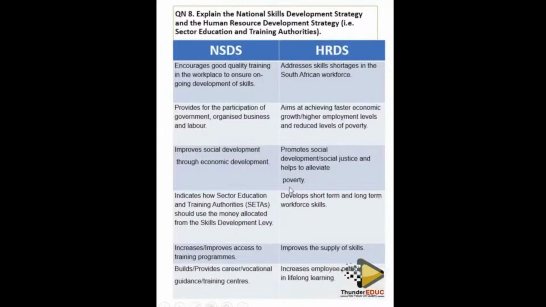It says this helps to alleviate poverty, which means getting rid of poverty. It also indicates how a sector education and training authority should use the money allocated from the skills development levy. It is associated with how well money is being spent, checking whether this money is misused or used properly.